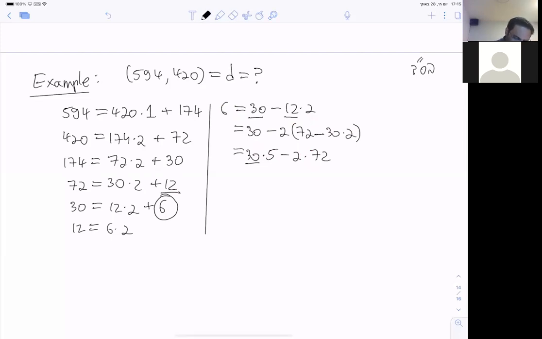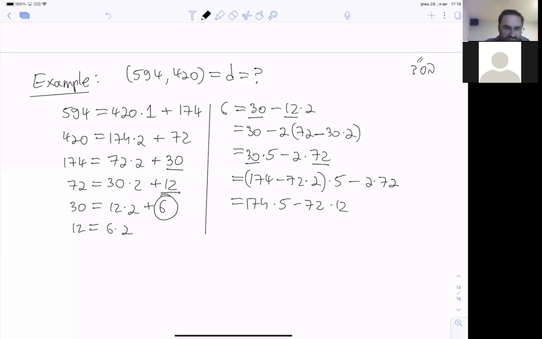Now we have 30 and 72. So the lower one is 30. So instead of 30, I'm writing 174 minus 2 times 72. So we have 174 5 times, and 72, we have minus 10 and 2 here, so it's 12.